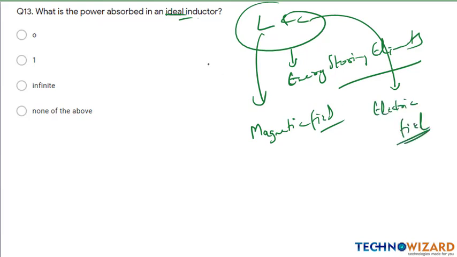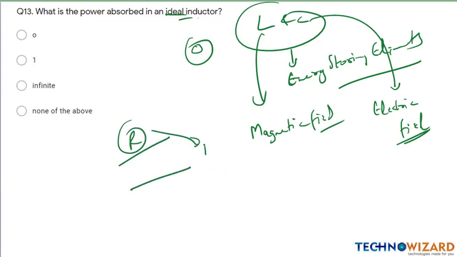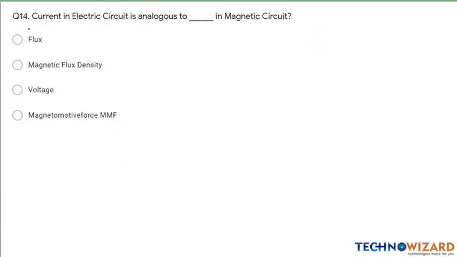Therefore, the power absorbed by an ideal inductor and capacitor is always 0. Only the resistor is the element which absorbs power, also known as the heating element. Only the resistor is used for heating purposes. Therefore, the answer is 0. Option A is the correct answer.